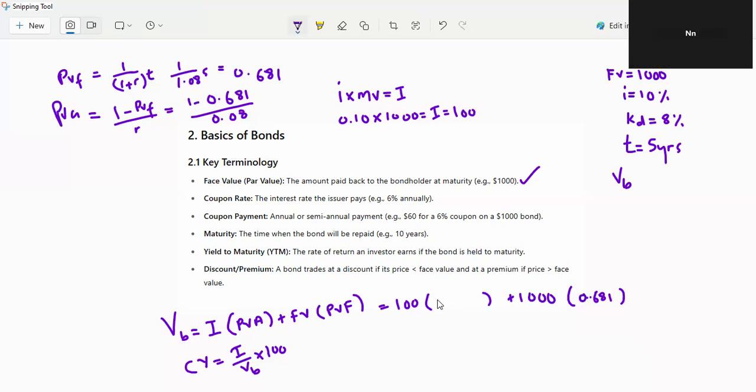It's 0.319, then divide by 0.08. So that's 3.9875.